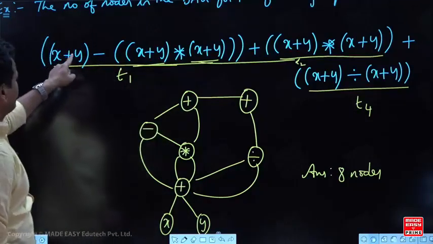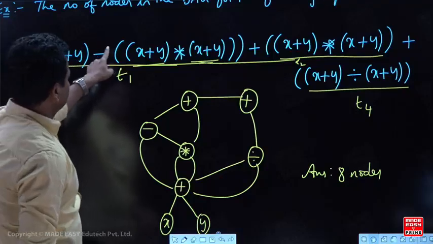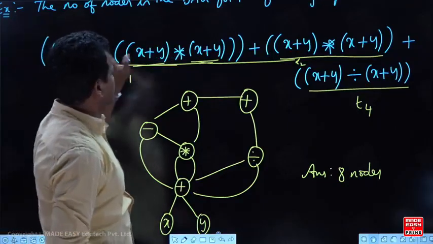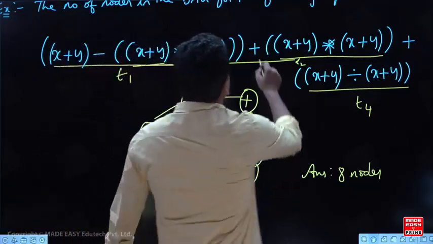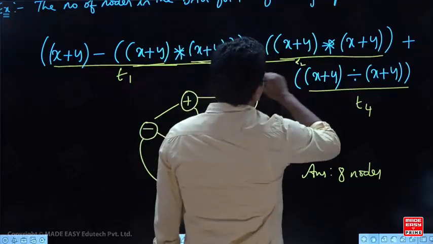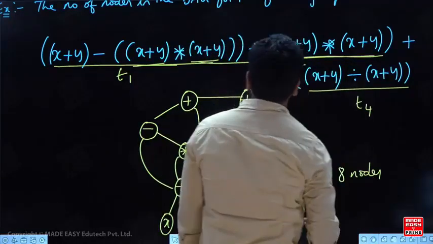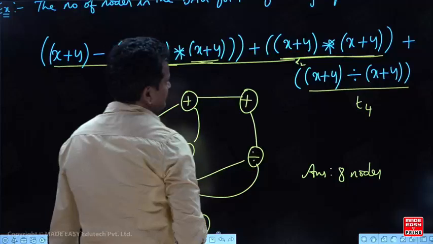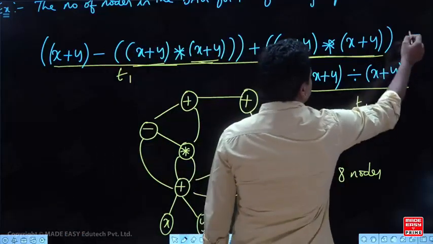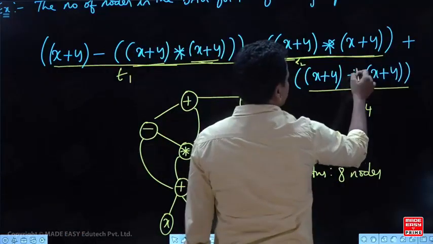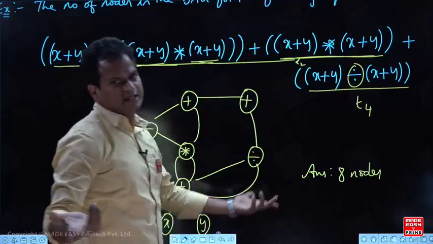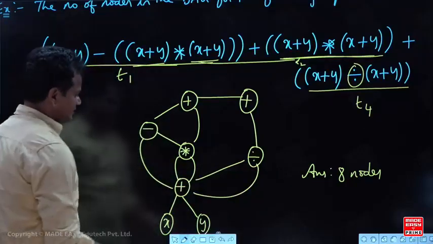This is the third one, the fourth one, this is the fifth one, okay, and this is the sixth one. Already we have this, okay, sixth one, and this is the seventh one, and X plus Y we already have, and this is the eighth one. That's it. 8 nodes are there, okay.